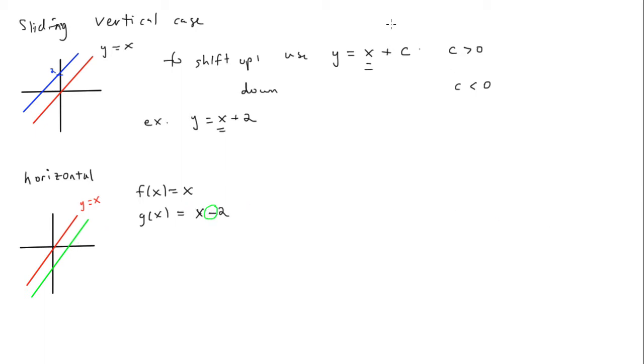Okay, so the moral of the story here, horizontal stuff is generally backwards. So we would think that minus 2 should shift it to the left by 2 units, but in the horizontal direction it actually shifts it to the right by 2 units. Okay, so we'll look at another example real quick of the horizontal shift.